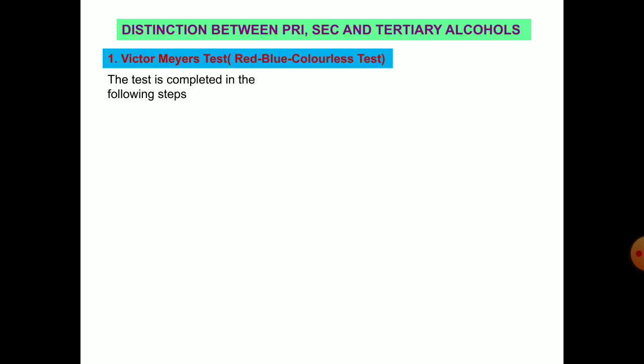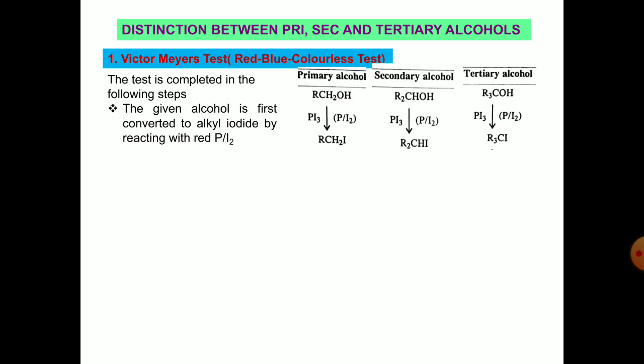The test is completed in the following steps. The given alcohol is first converted to alkyl iodide by reacting with red phosphorus. Students, I am just showing you the reaction of three alcohols. First I have taken primary alcohol RCH2OH, then secondary alcohol R2CHOH, then tertiary alcohol R3COH.